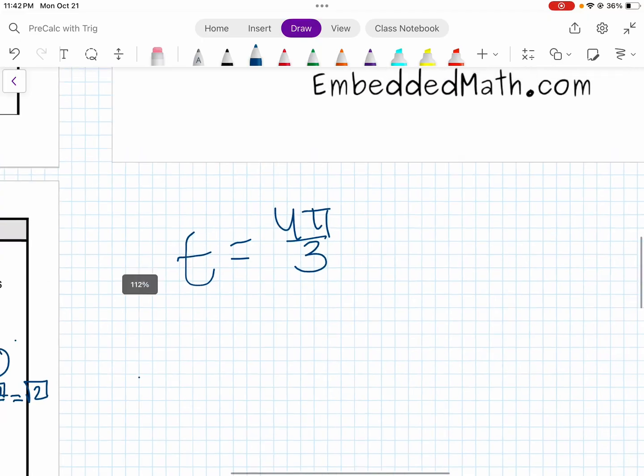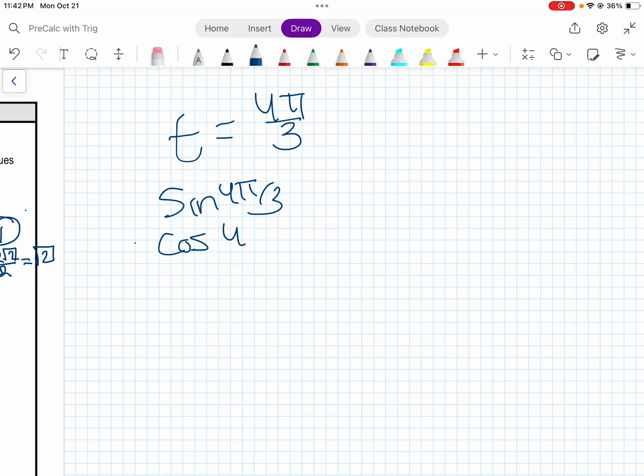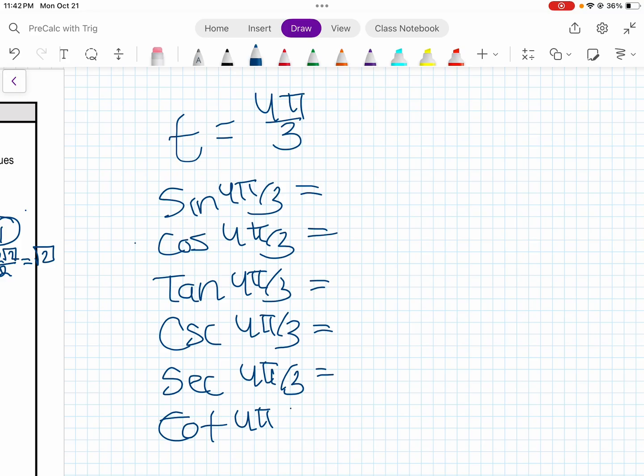So that's going to be sine of 4 pi over 3, cosine of 4 pi over 3, tangent of 4 pi over 3, cosecant of 4 pi over 3, secant of 4 pi over 3, and then the last one, cotangent of 4 pi over 3.